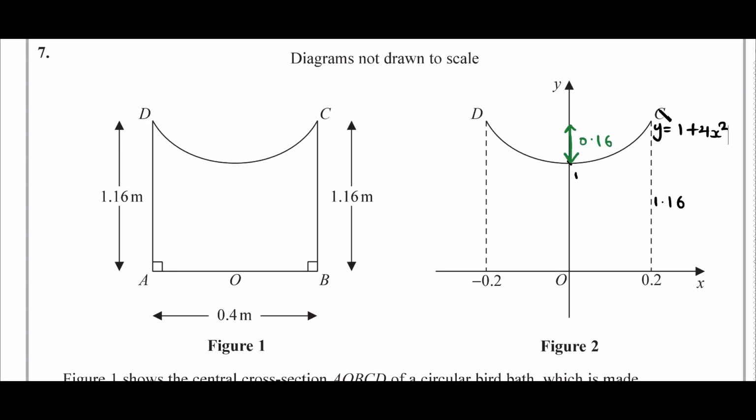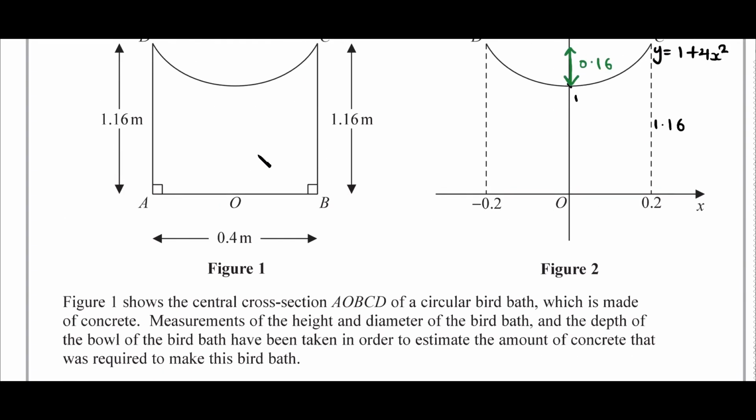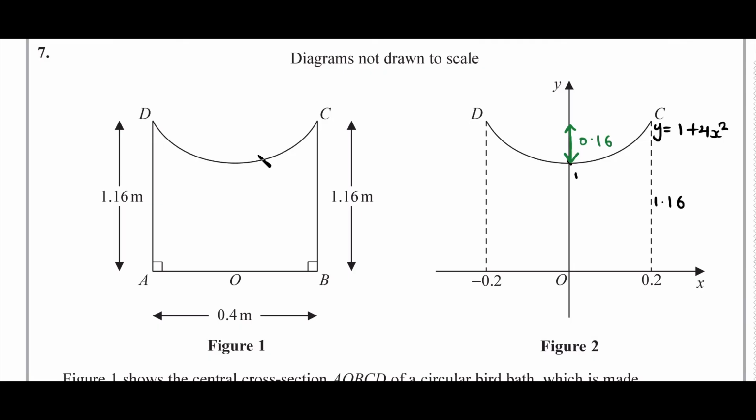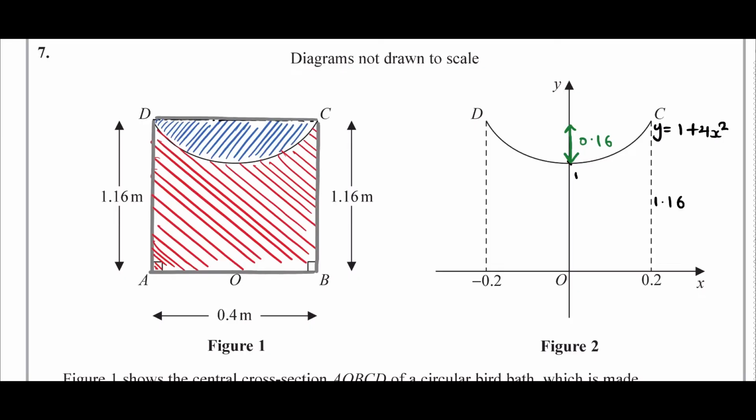The way to think about this is, first of all, we want the bit in red. We can find the volume of the blue bit using volumes of revolution, and the outline bit is supposed to represent the cylinder.